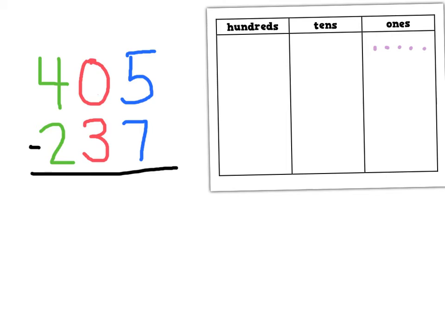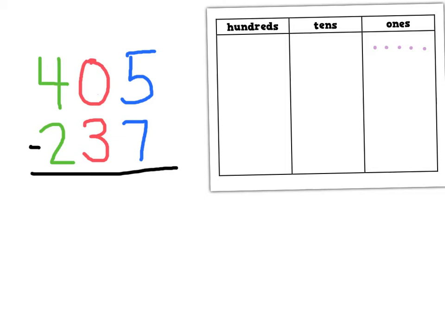Then I take a look at my tens. Wow, I have 0 tens. That means I don't draw anything in my tens place. I have no tens. Then I move on to my hundreds. I have 4 hundreds.